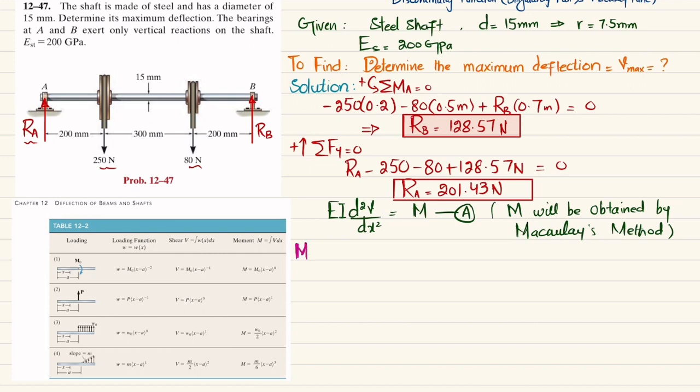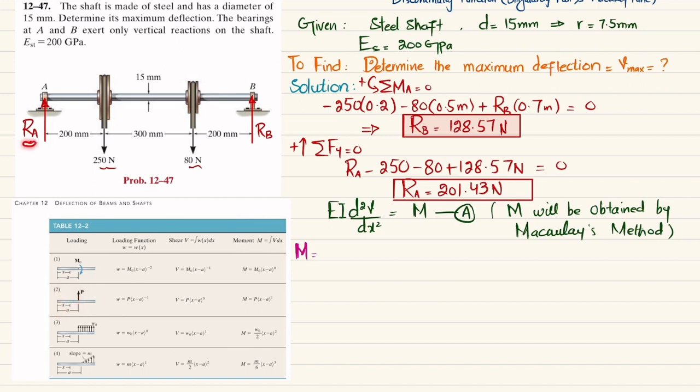So you can see that here we have only point loads at different values of X, while X starts from this portion. So this is case number 2, which defines the point loads, and the moment function is M equal to P into X minus A power 1. Since this load is upward, the moment is positive, and this load acts at a distance of A from the X start.